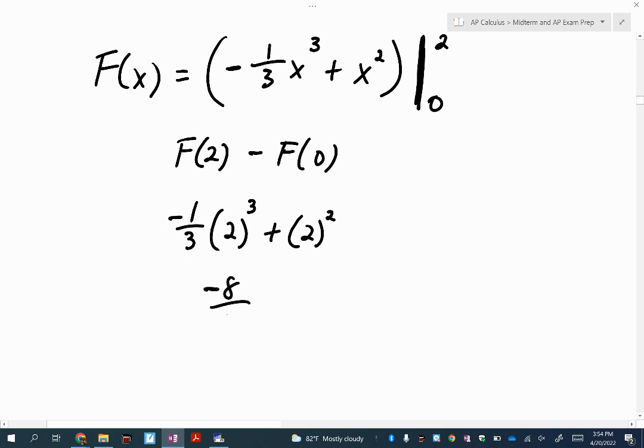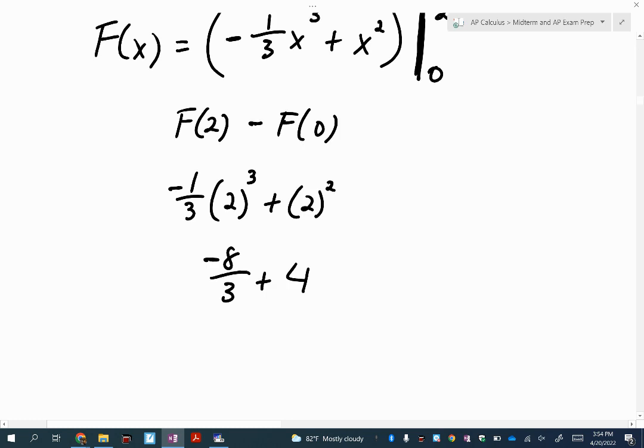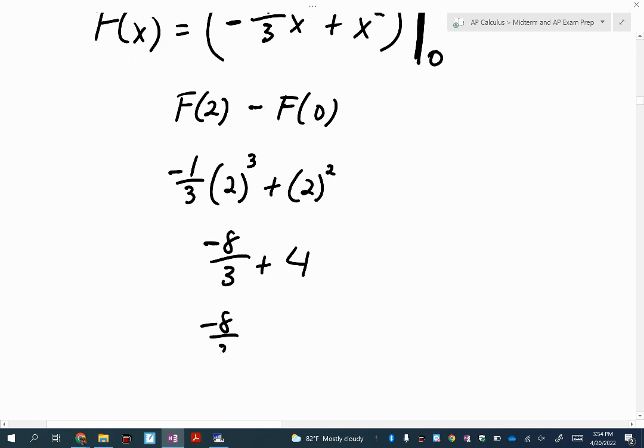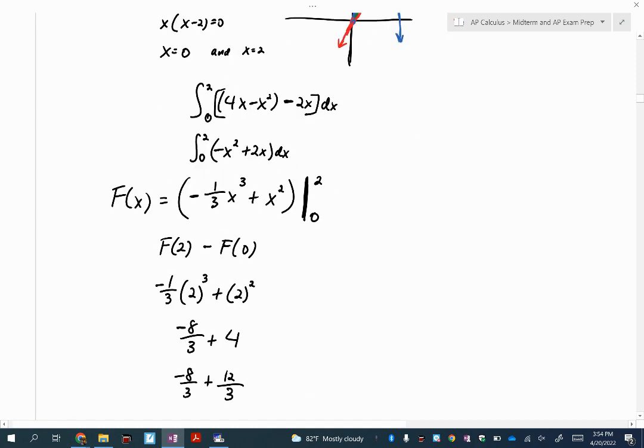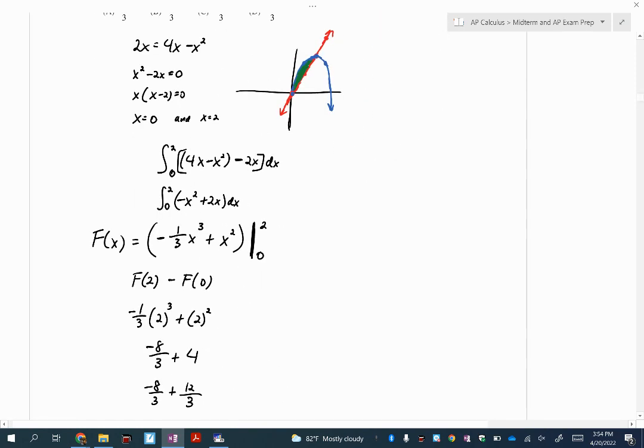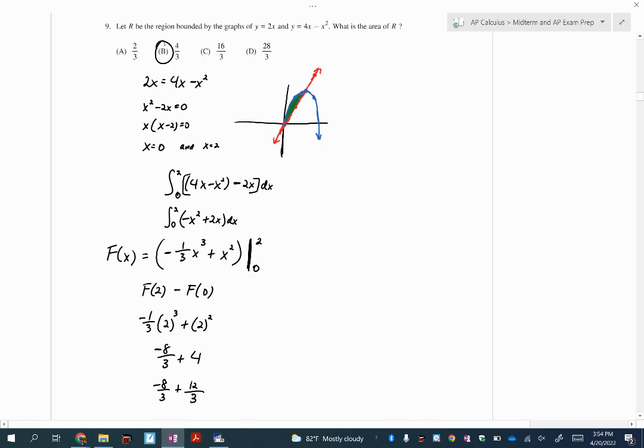So negative 8 thirds plus 4. How can you rewrite 4? 12 thirds. Did we get the answer? It's 4 thirds. All that work for 4 thirds. How long did that take us? Too long.